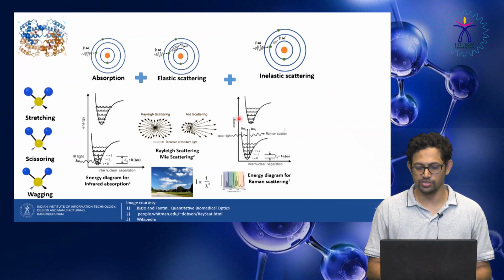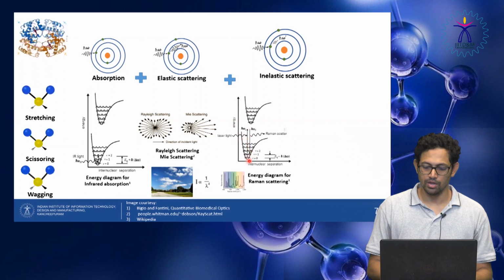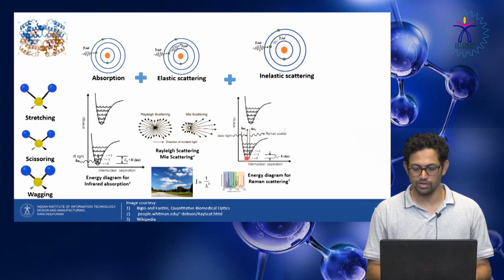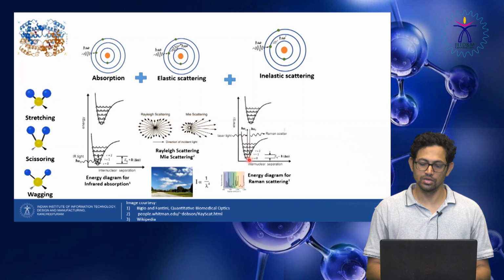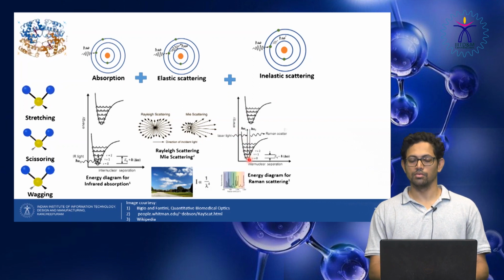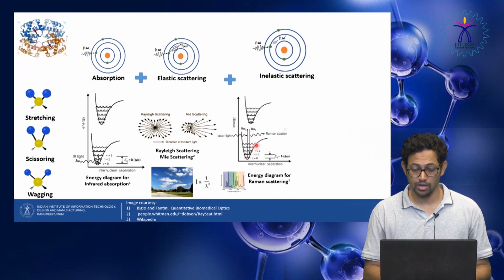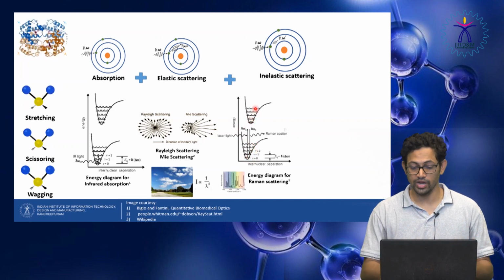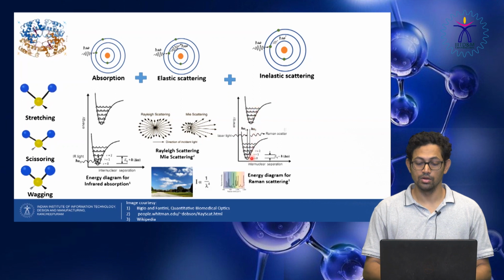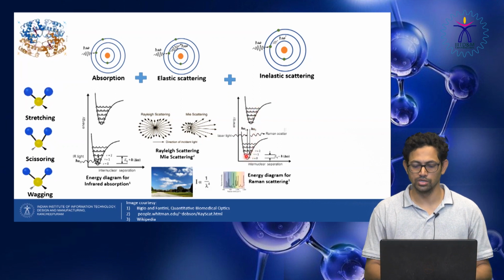You can see an energy diagram of Raman scattering, where the electron moves from the ground vibrational level of the ground electronic state toward the higher electronic states and then comes back after some time to the original ground electronic state.